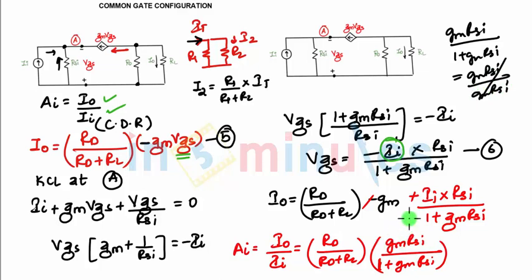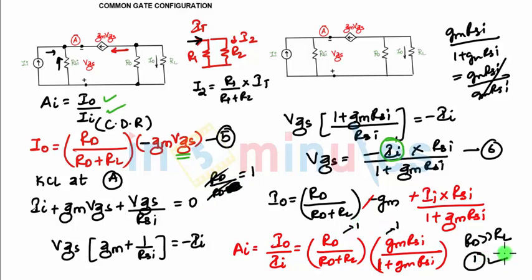And if RD is very much greater than RL, my current gain will be 1 in this case, because RD upon RD plus RL will be approximately equal to 1. Why? RL is very much less compared to RD, so we can neglect it. So RD will get cancelled and this bracket will be 1 and this is 1. So 1 multiplied by 1, the gain will be 1 in this case, or you can say unity gain, right?